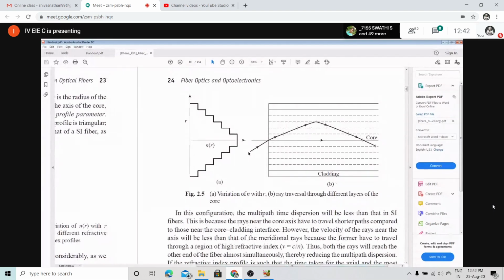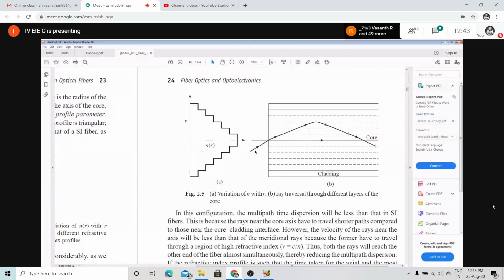This is how the refractive index with respect to the core will be. So the change of refractive index in a graded index fiber should be comparable to this diagram. Now if I send multiple light rays into my graded index fiber as shown in figure 2.5a, what can we understand?